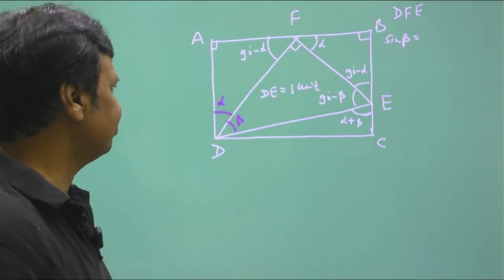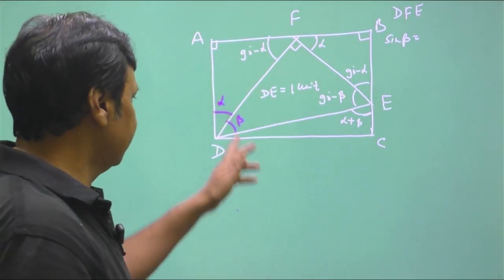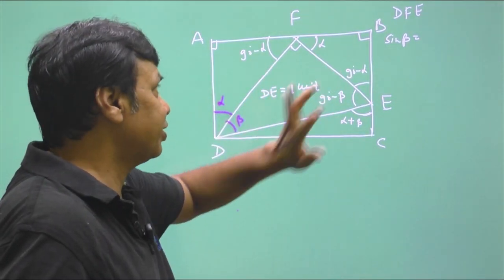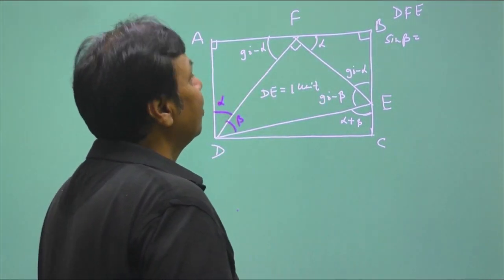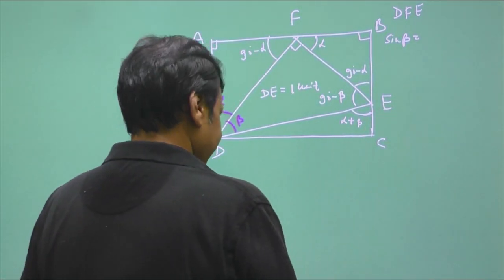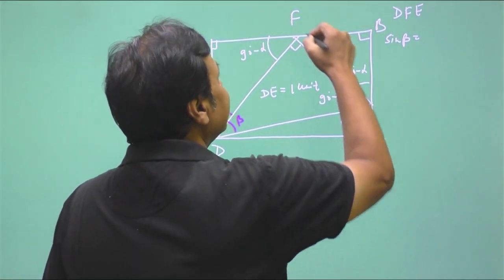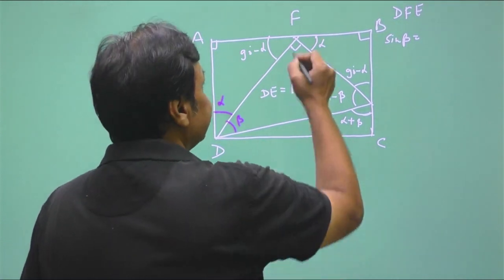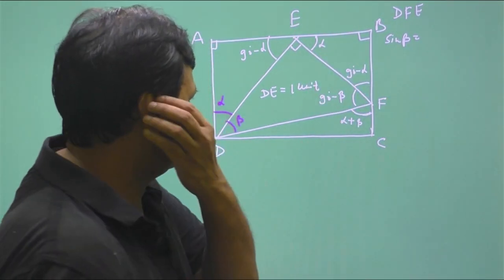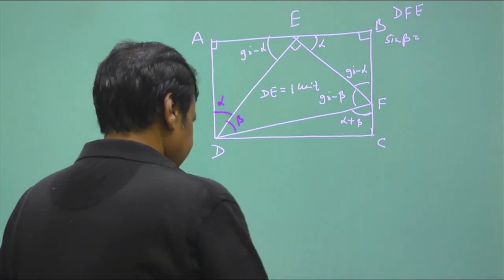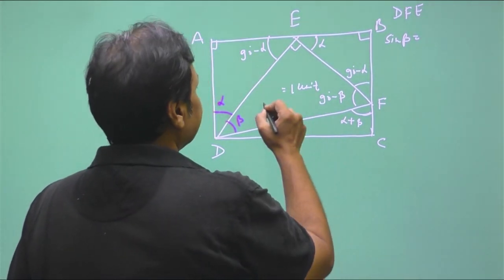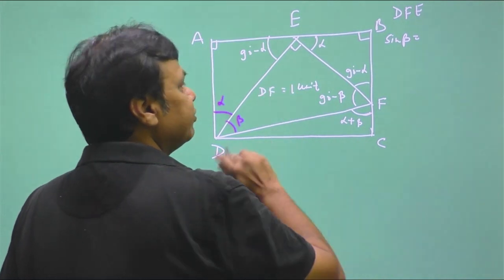And now, find your sine beta. This angle is there, this angle is 90 degrees, this is perpendicular. FE is confusing me. Right, let me write this as F. Seems good, but I have to change one more thing. Here, DF is unity now.